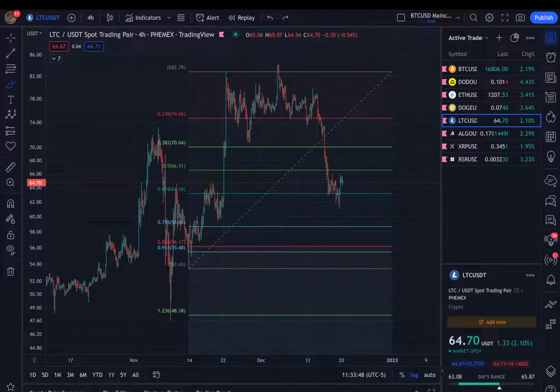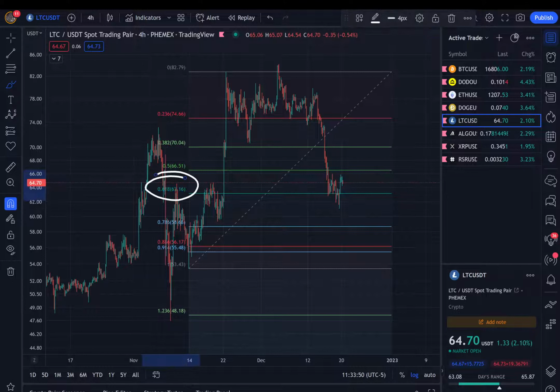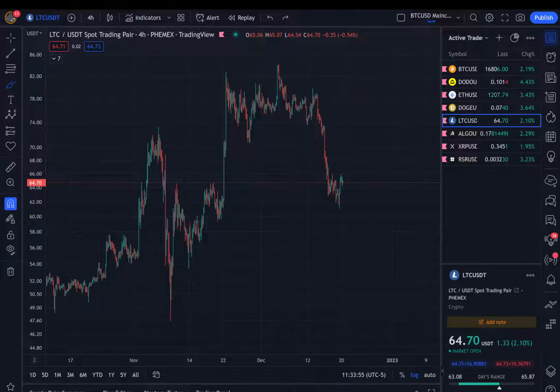So a bounce off of the 0.618 or the phi ratio, okay? So that's the first reason I would see Litecoin as a potential bounce area, and not just any bounce, but the actual bounce into the bull market. Okay.